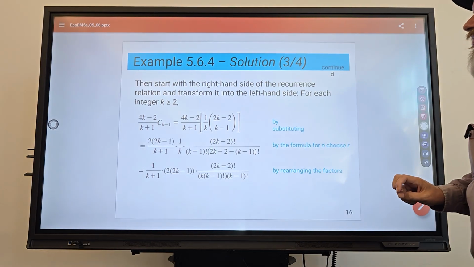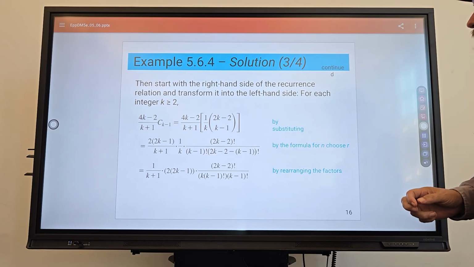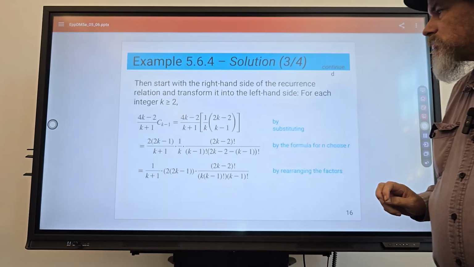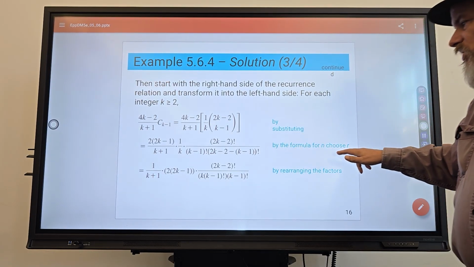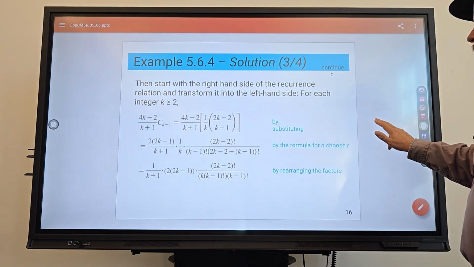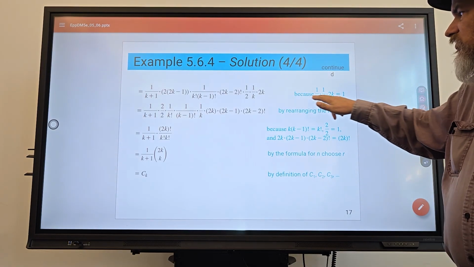And then start with the right side of the recurrence relation and transform it to the left side for each integer k greater than or equal to 2. So you have the substitution, then the formula for n choose r here, and then rearranging the factors and simplifying.